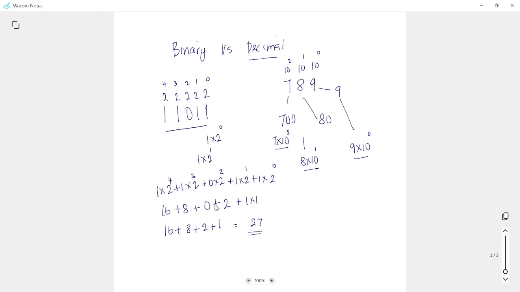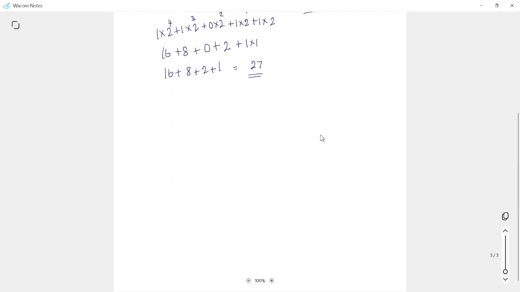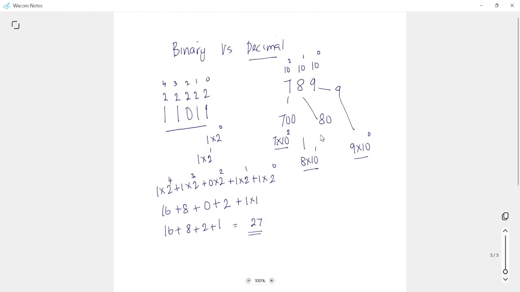But before that, let us look at how to convert a decimal number into a binary number. But you must understand this concept of what is similar to place value in the decimal world. So the first digit from the right side, this is 2 to the power of 0, this is 2 to the power of 1, 2 to the power of 2, 2 to the power of 3, and 2 to the power of 4.